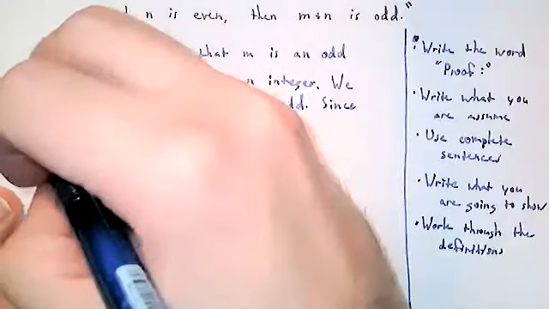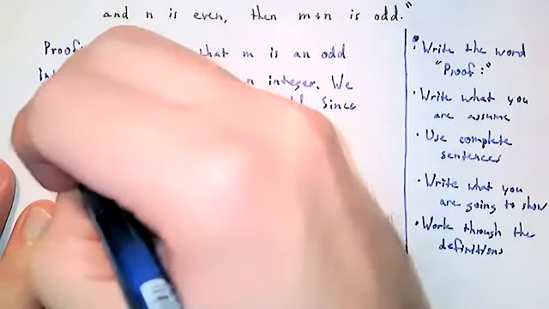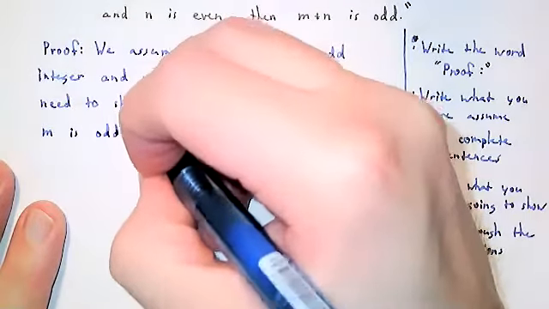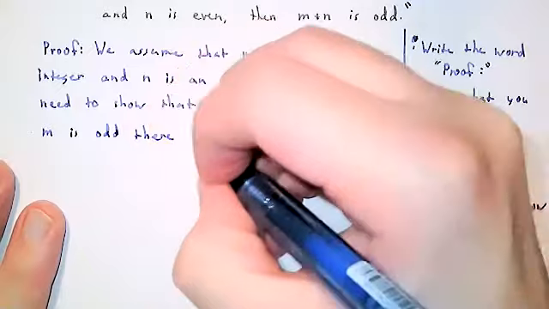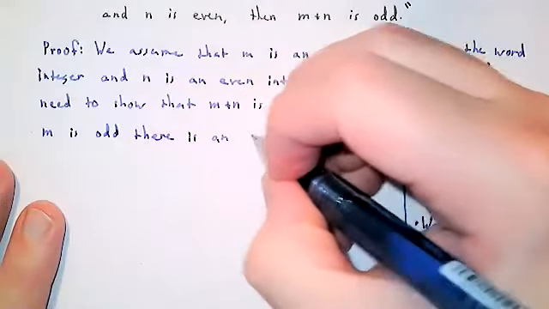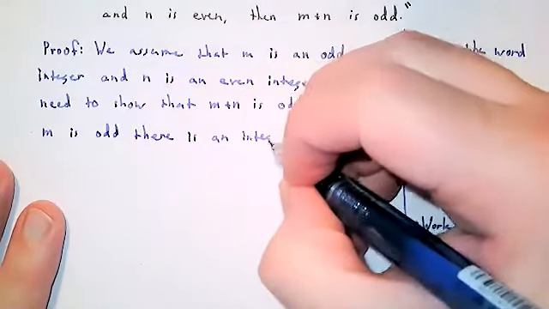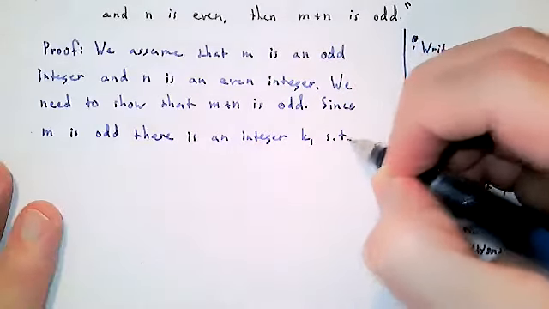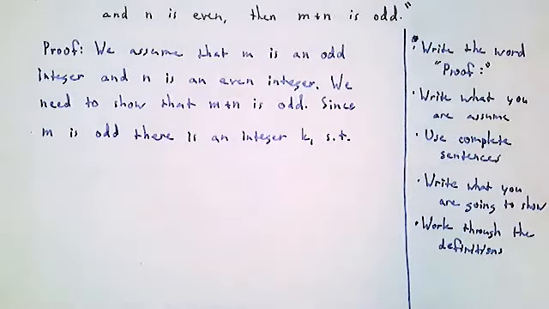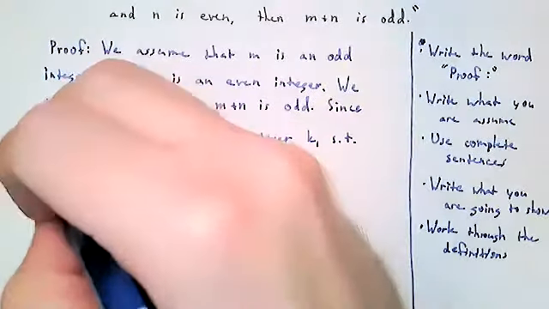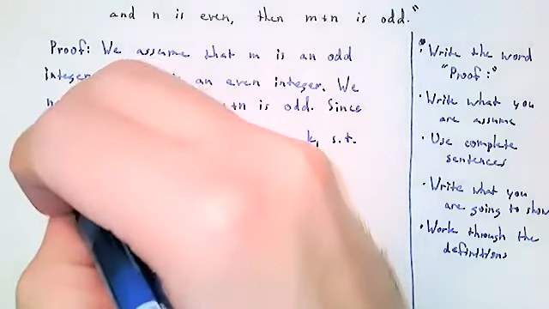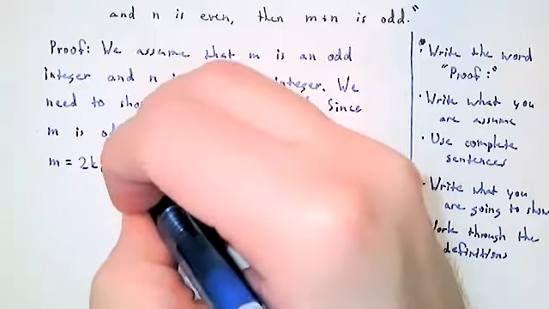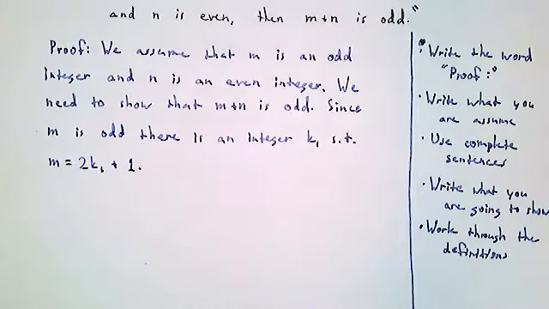Since m is odd, there's another integer, let's call it k1, such that m is equal to 2 times k1 plus 1. That's what it means to be odd.